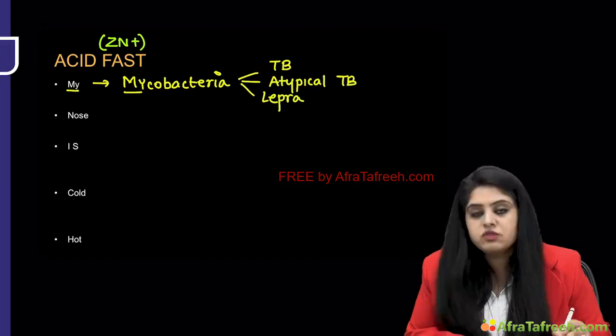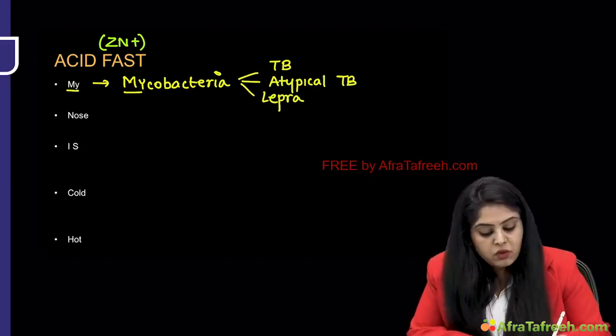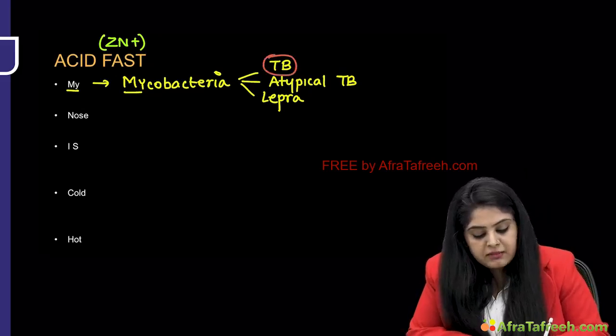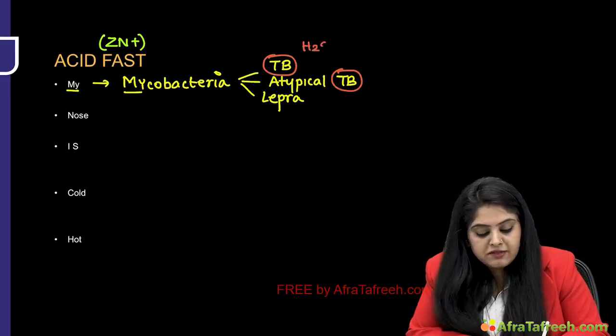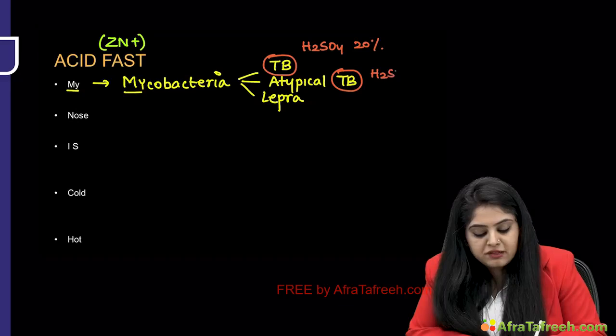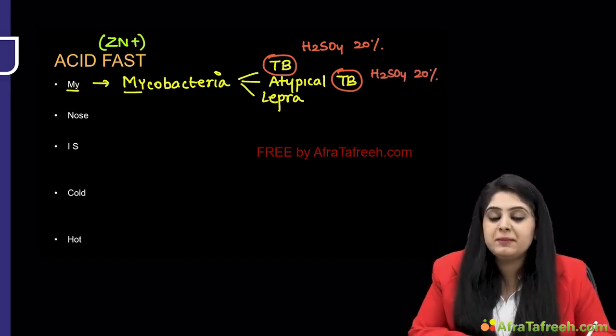But do I know how to differentiate between them? All of them are Zn positive. When I'm talking about TB, be it typical TB or atypical TB, do I know they are acid fast with how much H2SO4? They are T20, so they are acid fast with 20% H2SO4. But then how do I differentiate between them?